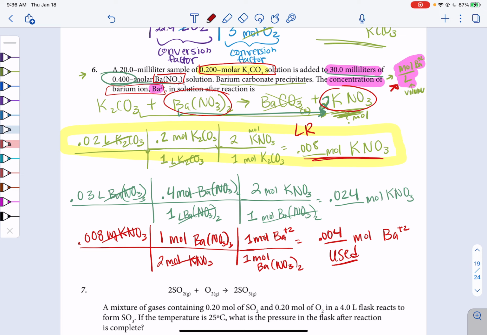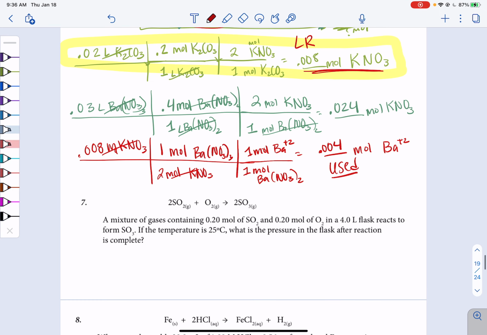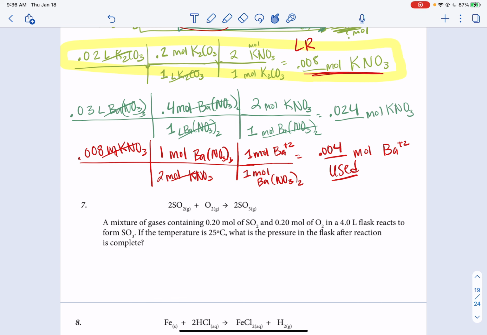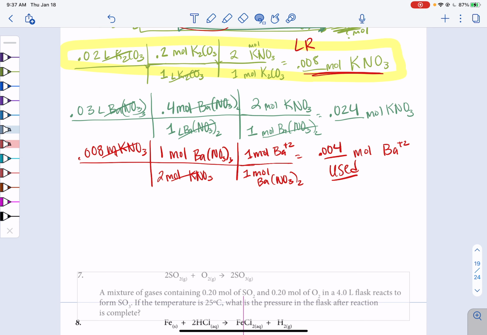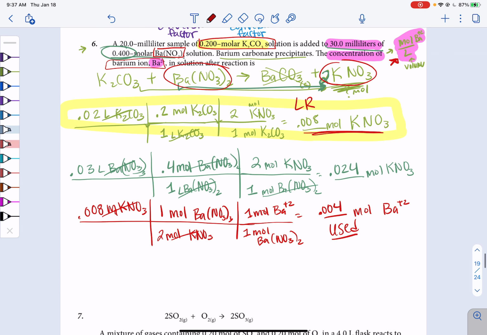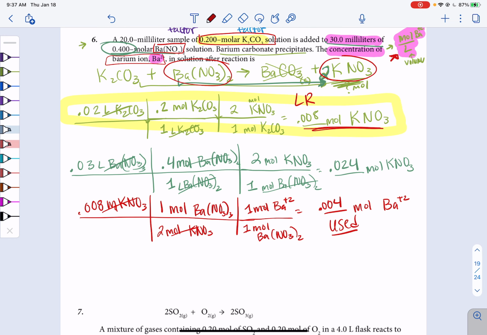used. Ooh, that's a problem, right? Because the fact that it's used means that we don't have what's left. So we need to figure out how many moles of barium we originally had. Sorry, this is getting long. Let's see how many moles of barium we originally had. 0.03 liters of barium nitrate.